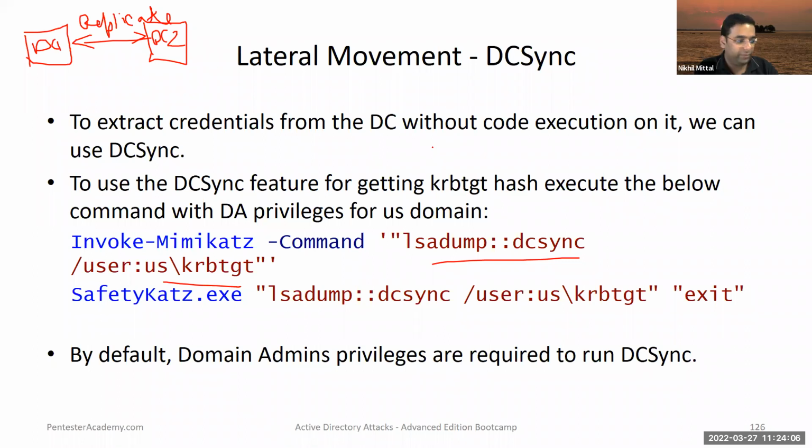If you have enough permissions, by default domain admin, or otherwise limited permissions, we'll see later on that there is a simple set of limited permissions that allows us to request replication. Either way, once you run this, you simply go to the DC and request a replication for information about this account, including the credentials, and the DC complies. That is the gist of the DCSync attack.